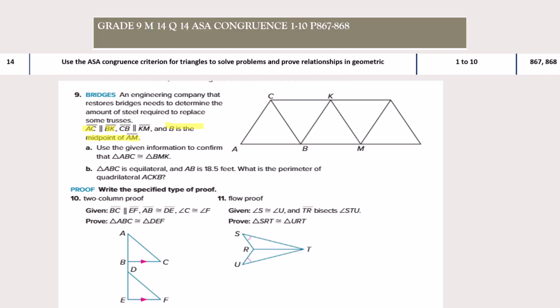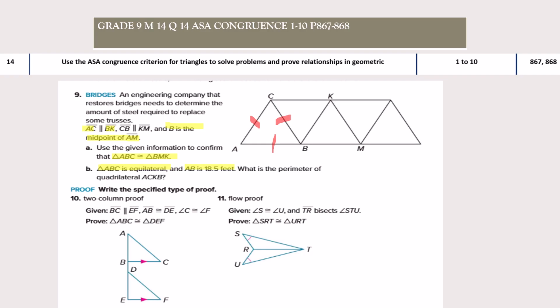And then you can conclude whether they are congruent or not. You need to check what information is given. But more importantly, in this question, I want to focus on the fact that they say triangle ABC is equilateral. So go to triangle ABC, and they say it is an equilateral triangle. So that means we know that all these sides are equal. Thereafter, they tell us that AB is 18.5.